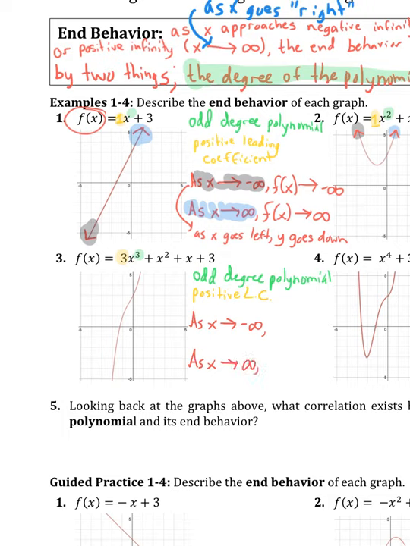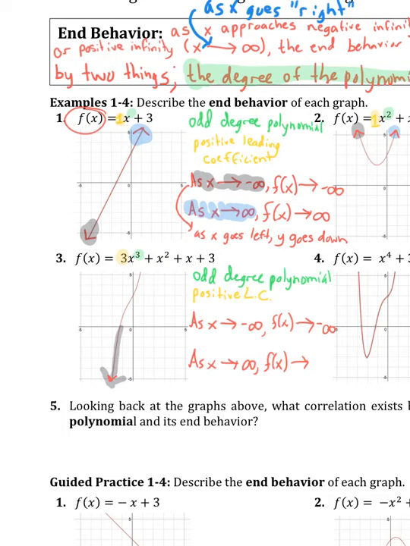And end behavior, as x goes to the left and as x goes to the right. That's what we start with. What's y doing? So as x goes to the left, kind of heading down that way, y is definitely going down as x goes to the left. So y is going down to negative infinity.